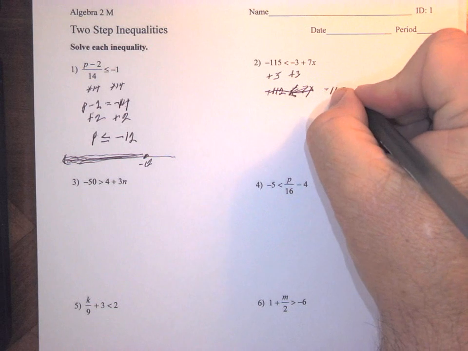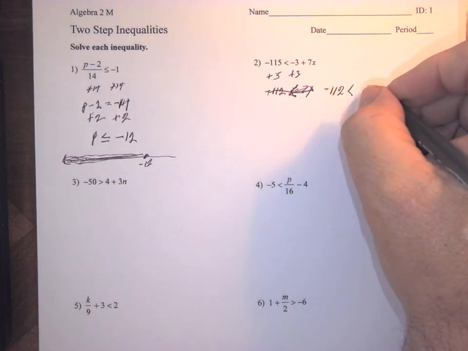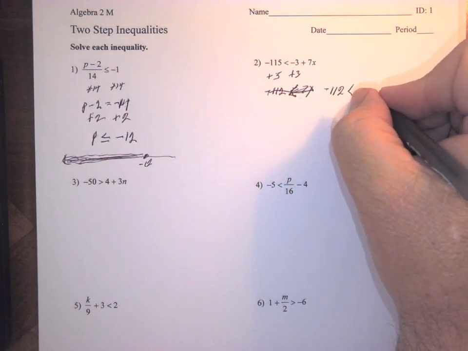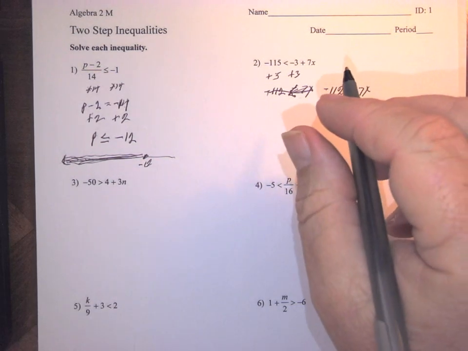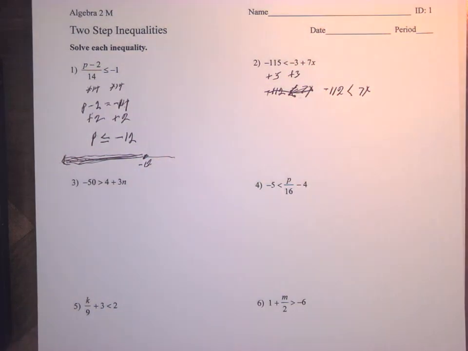Negative 112 is less than or equal to 7x. So if we divide both sides by 7, and we take 112, 112 divided by 7, that's equal to 16.